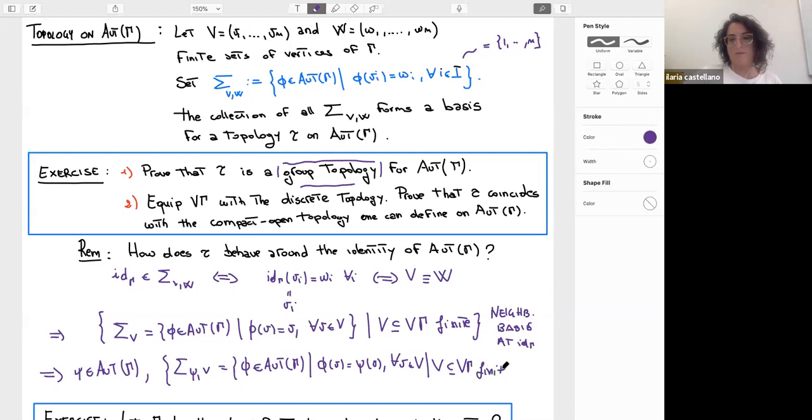So for any other point in the group, this is a neighborhood basis. This means that two automorphisms are close in this topology if they agree on a large number of vertices. Okay, so this is what this topology is telling us.